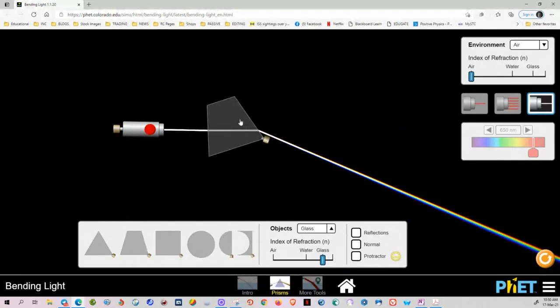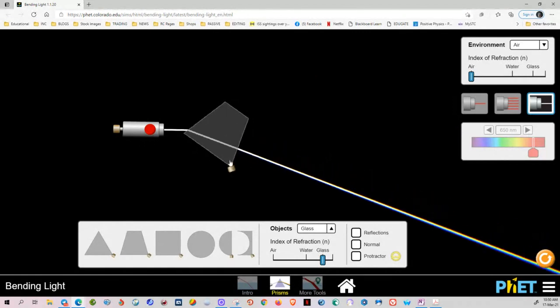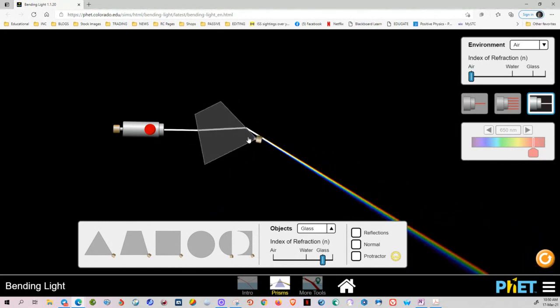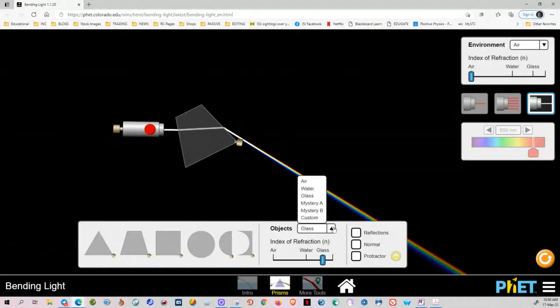You will see that in the prism, it actually splits the light into different colors at the opposite side of the prism. Can you see the different colors here at the bottom of the screen? Can you see the different colors of light? There, that's the rainbow, okay?